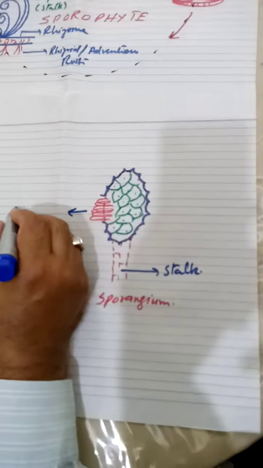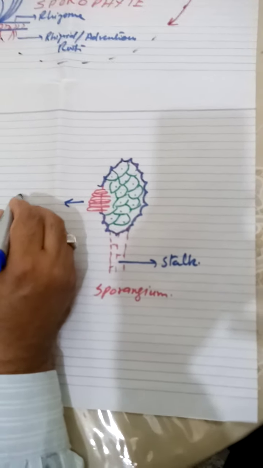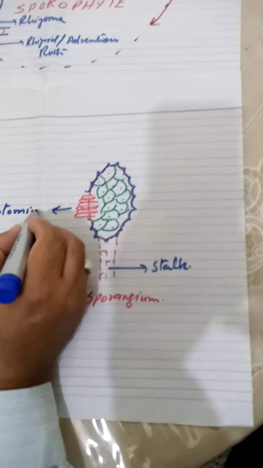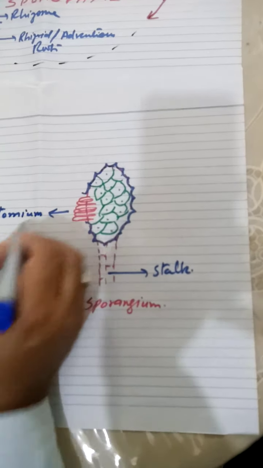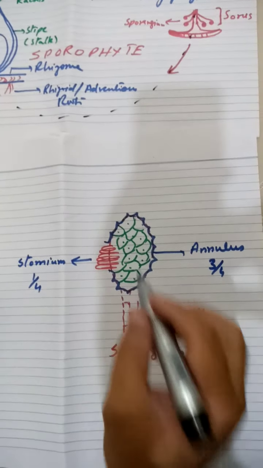It is called the stomium. The stomium is one-fourth. The annulus is three-fourths. The annulus structure also appears in annelids, like leech, annuli.